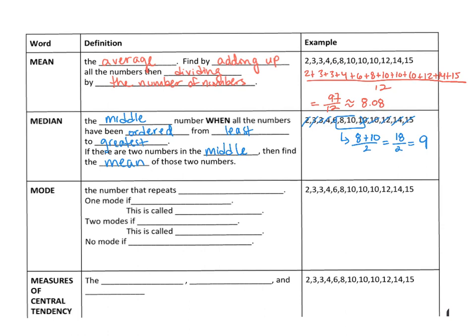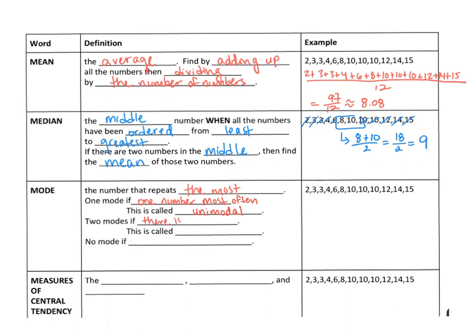The mode is the number that repeats the most. There is one mode if there is one number that shows up most often, and this is called unimodal. Uni meaning one, like a unicycle. Two modes if there's a tie.